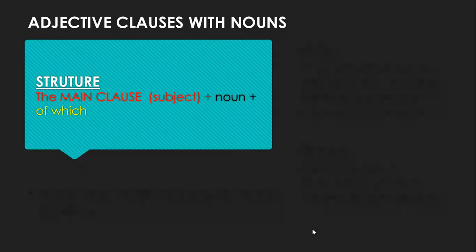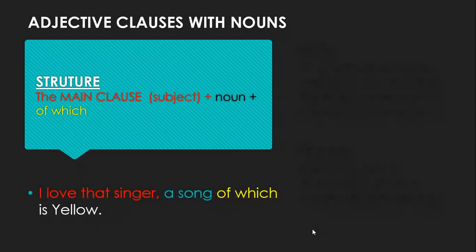Some adjective clauses have the pattern noun of the noun plus of which. And remember, they refer only to things, right? Example, I love that singer, a song of which is Yellow.